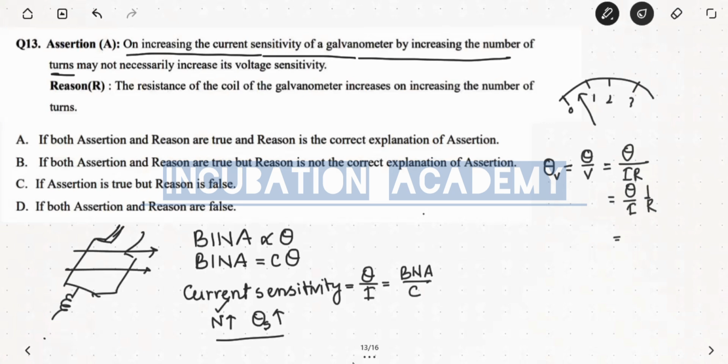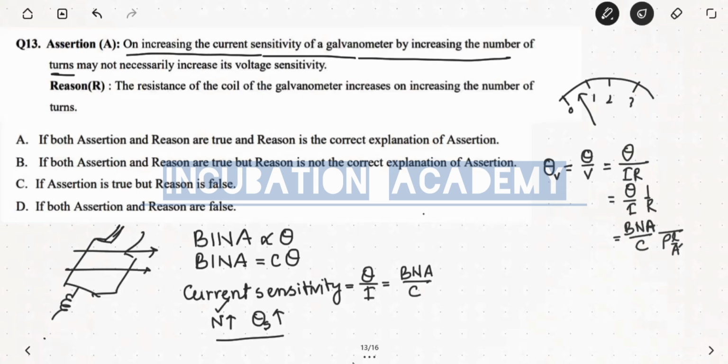Theta by I we have already observed is BNA divided by C, and R, as all of you know, equals rho L by A. This A is the cross-sectional area of the wire, not the coil. So let us say this is A prime, and that is not changing here.